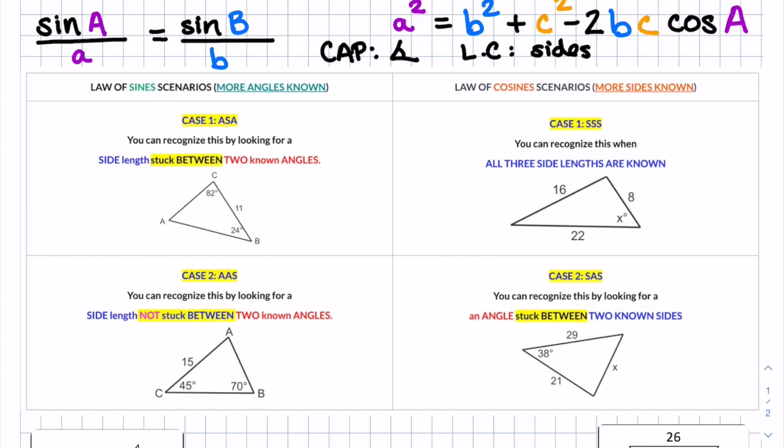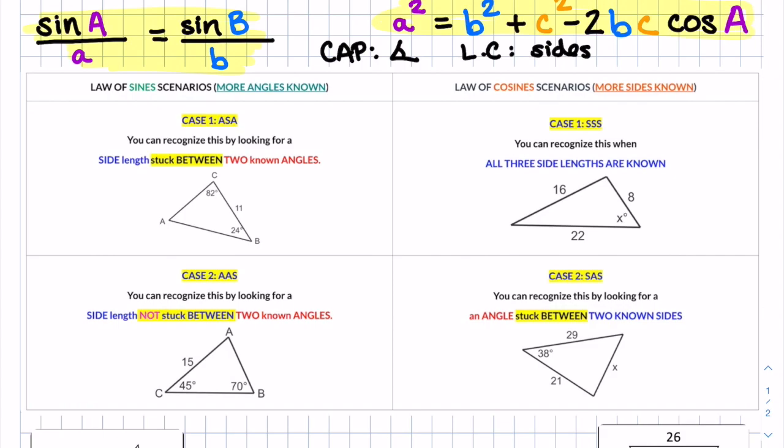Last week you learned about the sine law and the cosine law. I put both laws up here at the top. You should remember that the law of sines looks like this: sine of some angle over the side equals sine of another angle over the side. And then hopefully you also remember the law of cosines, which looks like an elongated Pythagorean theorem.